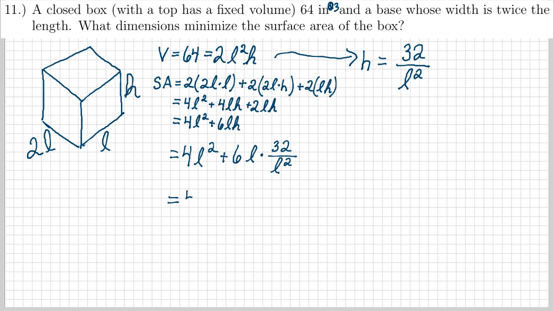And I get that the surface area is equal to 4L squared plus 6 times 32, what do I think that is? 192 over L. 6 times 30 is 180 plus 12, yeah, 192. Now, in this problem, we're looking to minimize surface area. So now we're going to take the derivative of surface area, set it equal to 0, and solve.